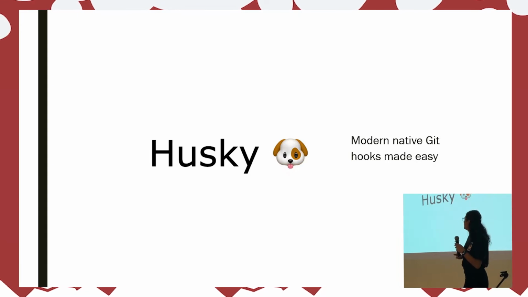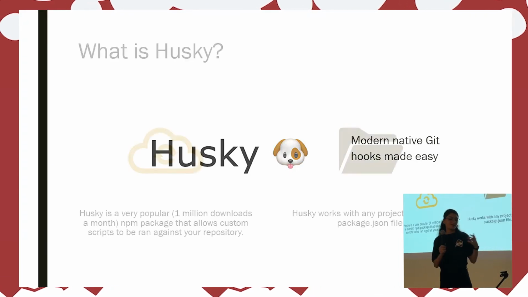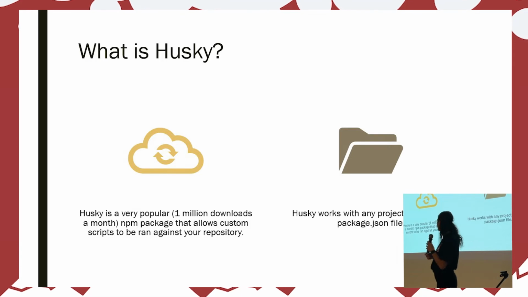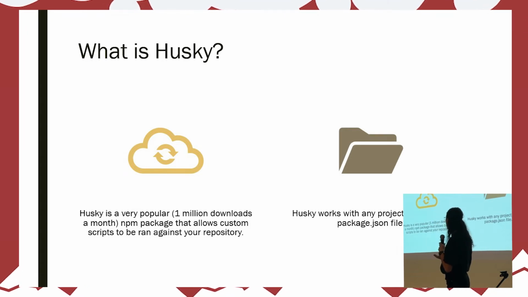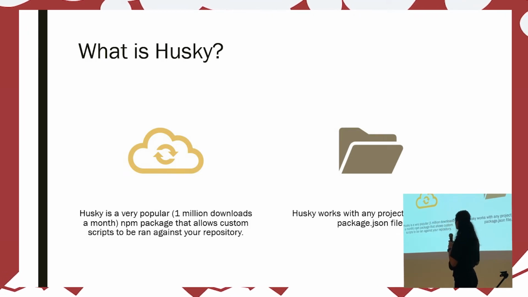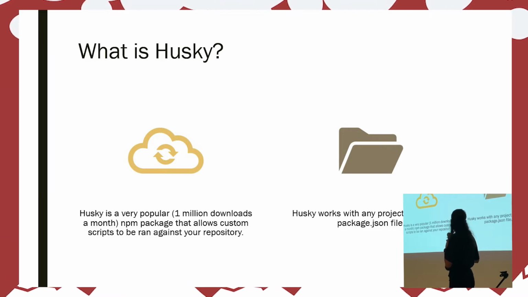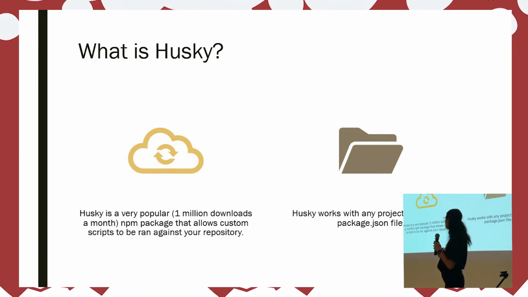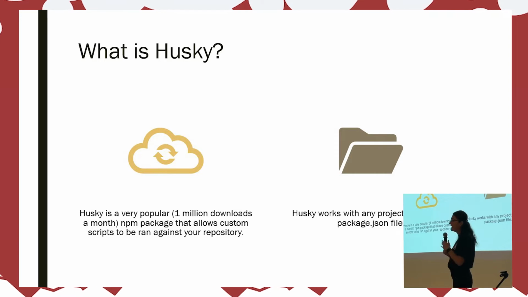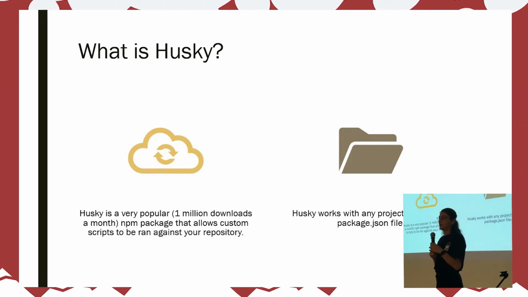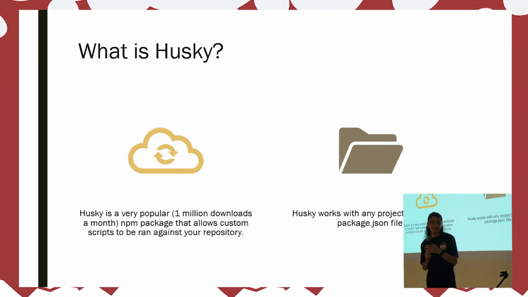Husky is a very popular NPM package with millions of downloads a month, and it allows custom scripts to be run against your repository. Most importantly, Husky works with any project that uses a package.json file. This is the only requirement that Husky has.